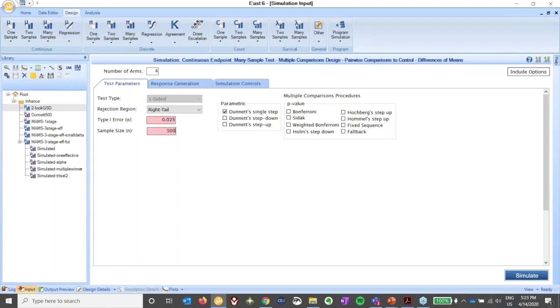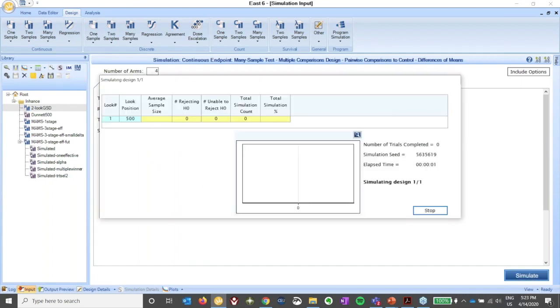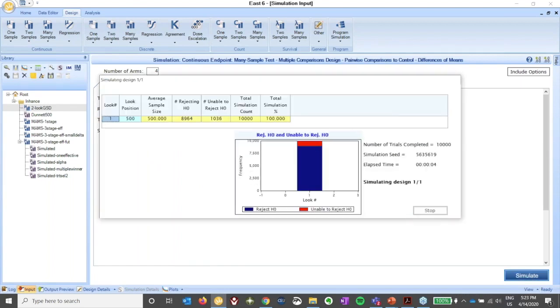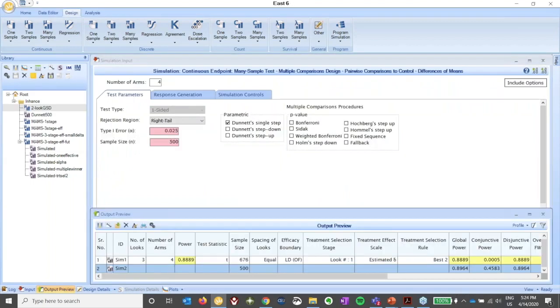So if we were to just have a single stage design, and here I'm just going to try a sample size of 500, say roughly, I would simulate this design, and you would see that the design would be simulated 10,000 times, and we would end up rejecting the null hypothesis about 89.6% of the time, which is pretty close to 90% power. So a sample size in the neighborhood of 500 would be sufficient for a single stage design to get us the power that we need for the type of comparisons that we want to do at a single stage.